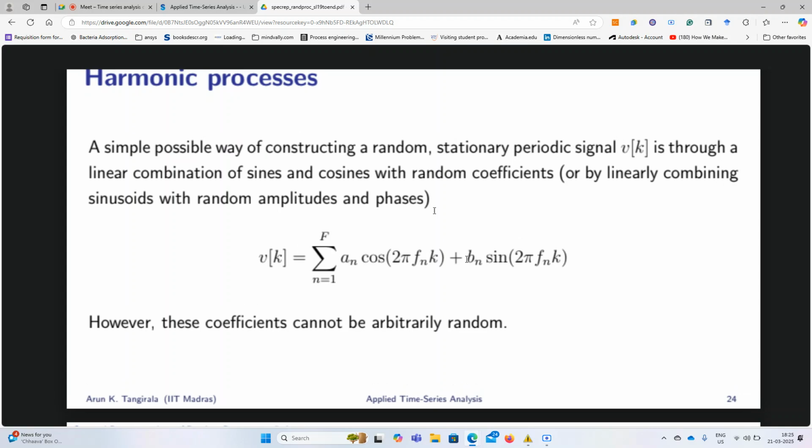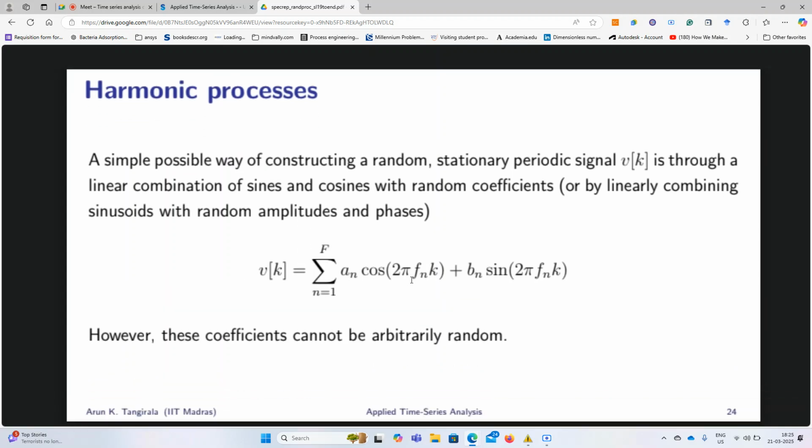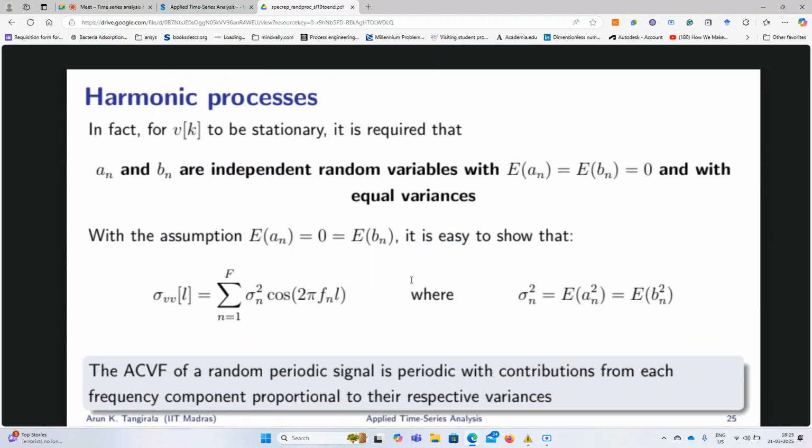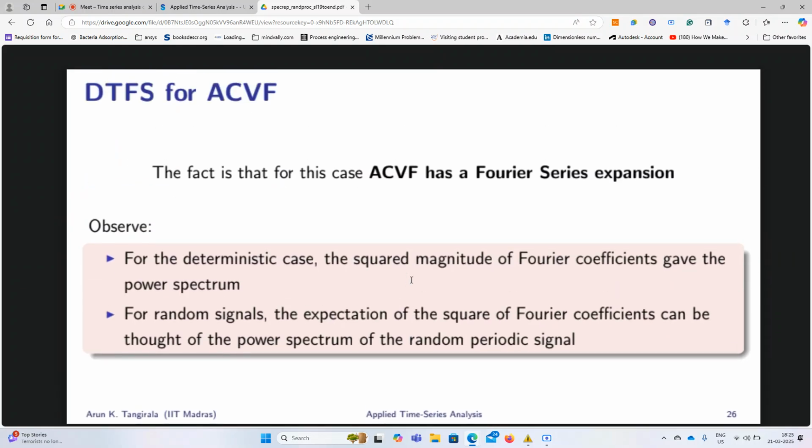Fourier analysis is obviously used a lot in harmonic analysis. I mean harmonic processes that we have seen earlier also.